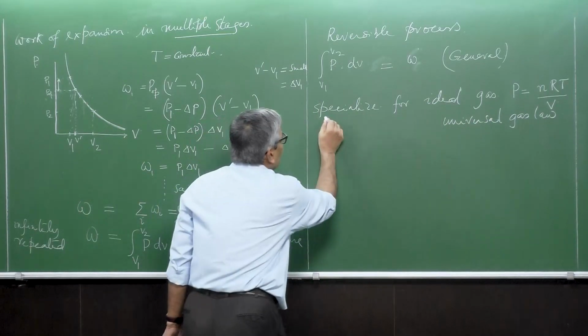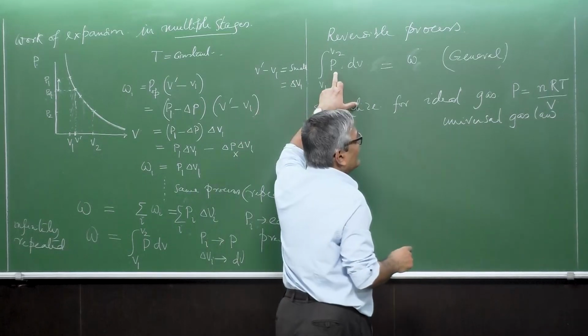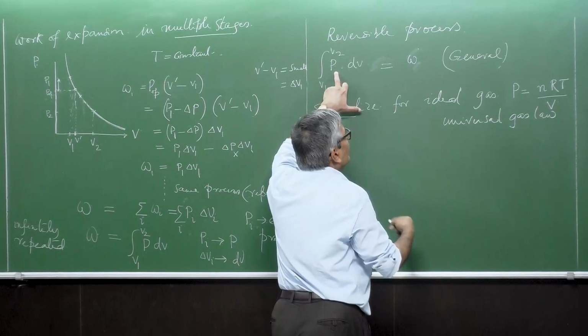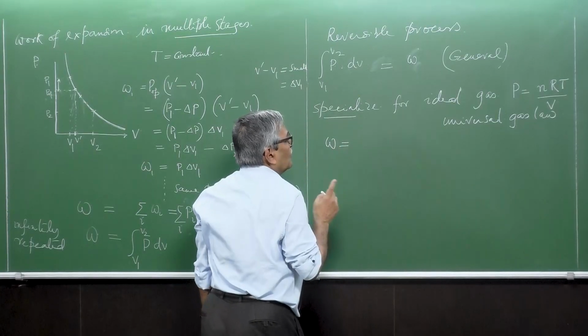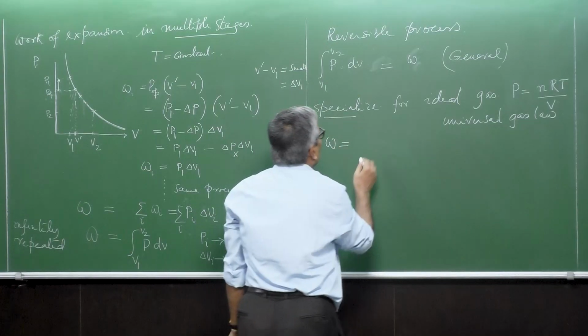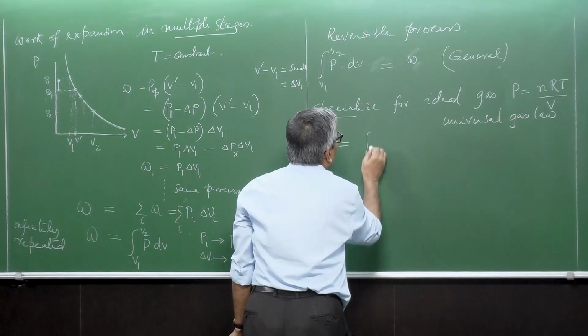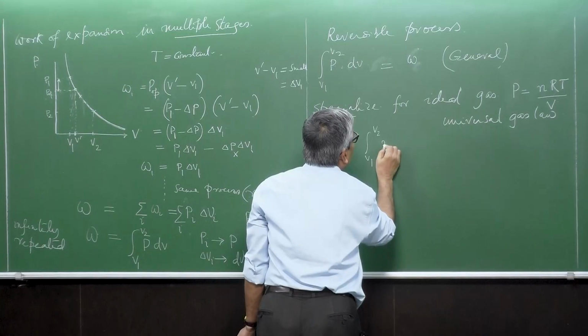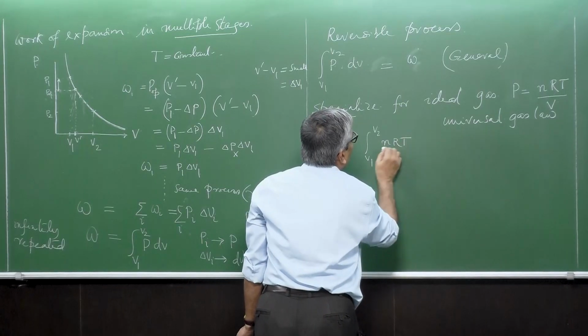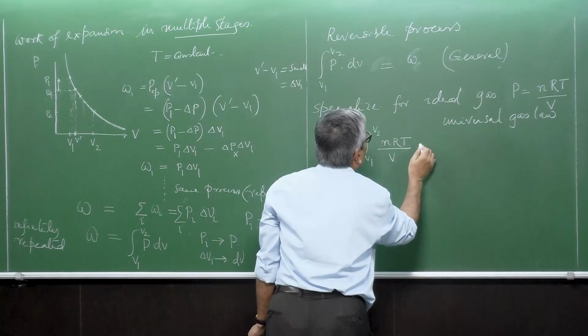So for this special case, you can replace this P and work it out explicitly for n moles of gas. I change the volume from V1 to V2 for an ideal gas, and I have nRT by V times dV.